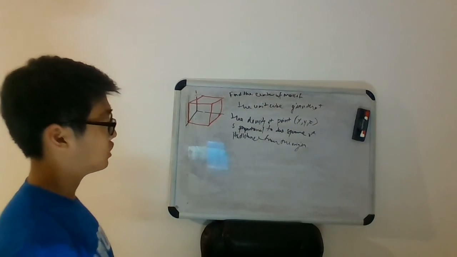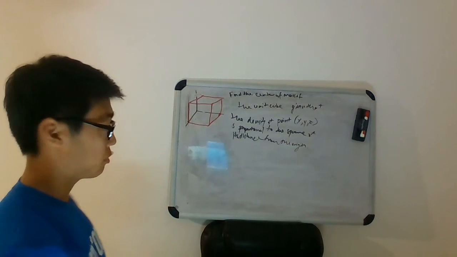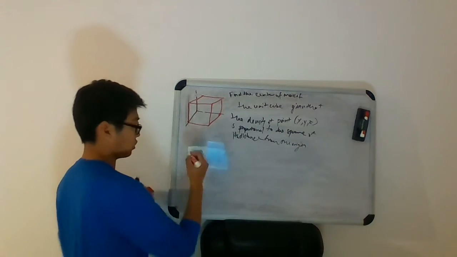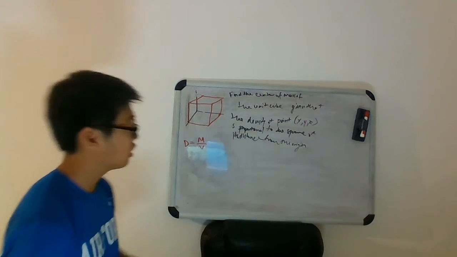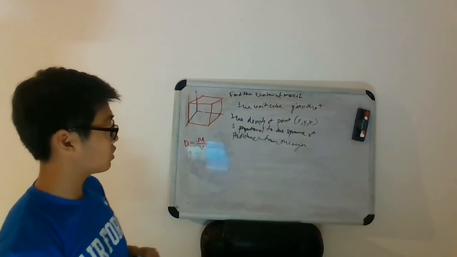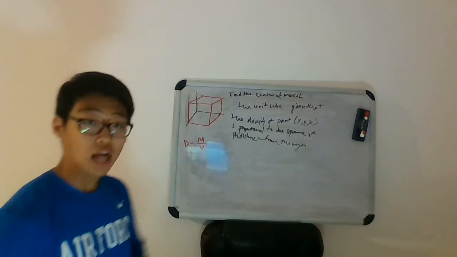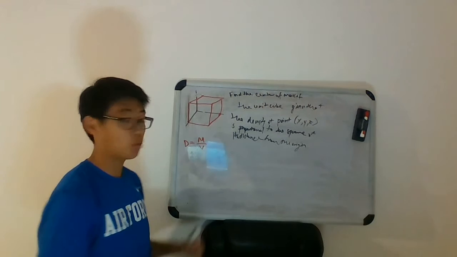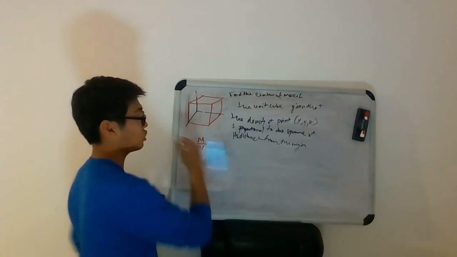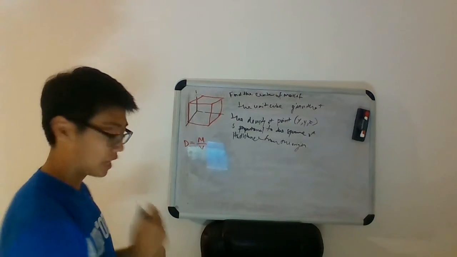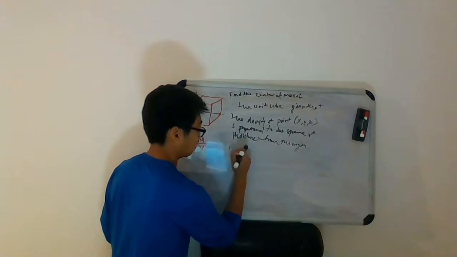So in order to find the center of mass for this unit cube, we have to remember the lovely equation, density equals mass over volume. And here they give us the expression for density. And so because density at point x, y, z is proportional to the square of the distance between the origin and that particular point, that expression can be written as this.